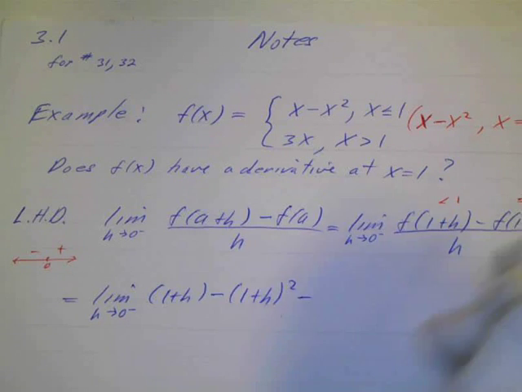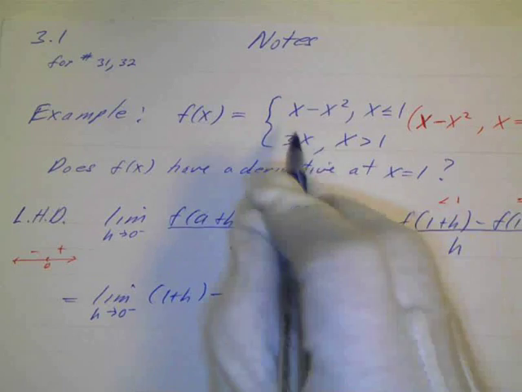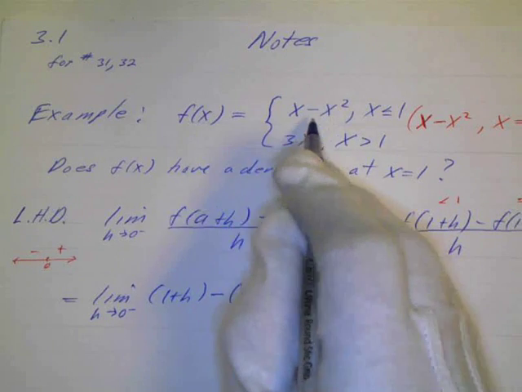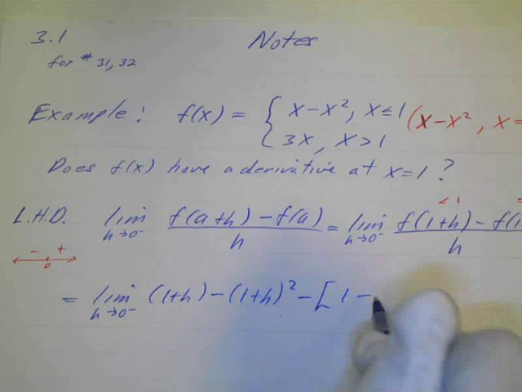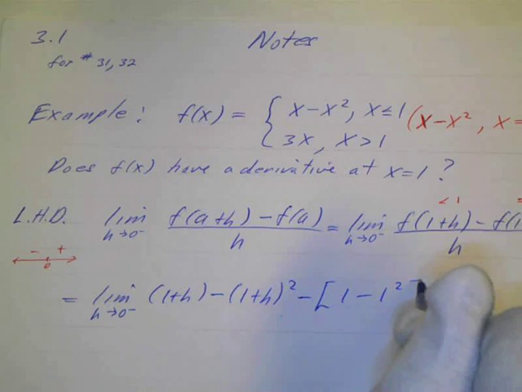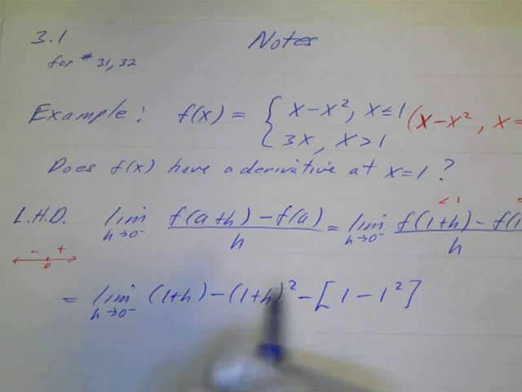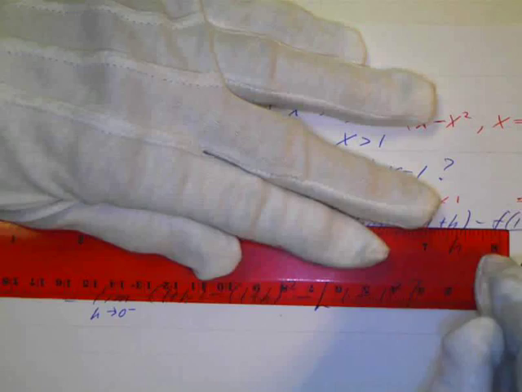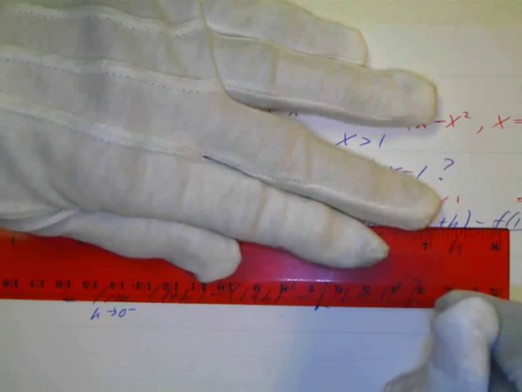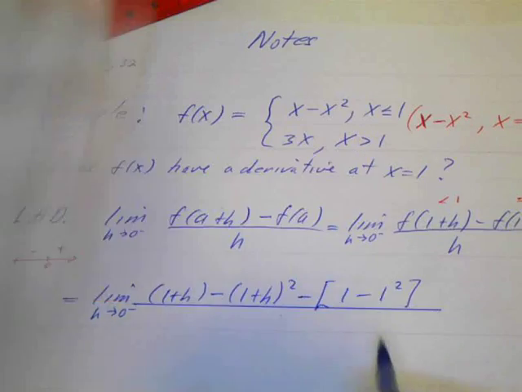And then minus, and then I'll put 1 in here. Okay, so it's going to be 1. So I'll put a bracket here, and it's going to be 1 minus 1 squared. It's going to all be over h. And when these fraction bars get long, I like to use a ruler. All over h.